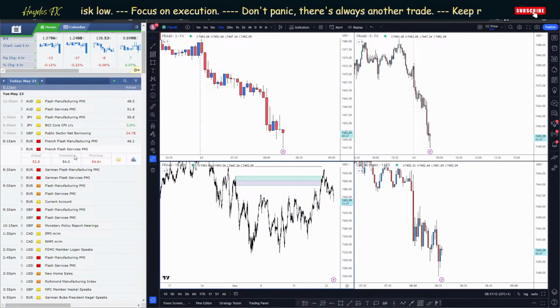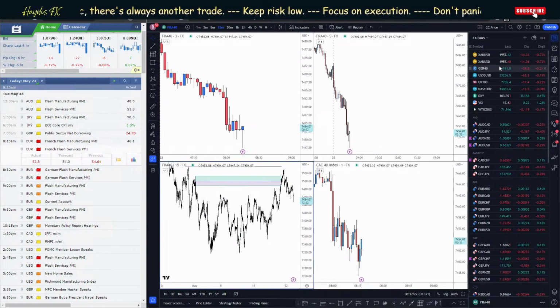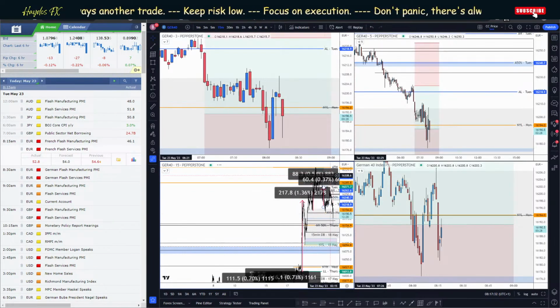Now it's showing that the demand in the manufacturing wasn't as good as expected. Now for German, where German was a big performer last week, hit a new all-time high.